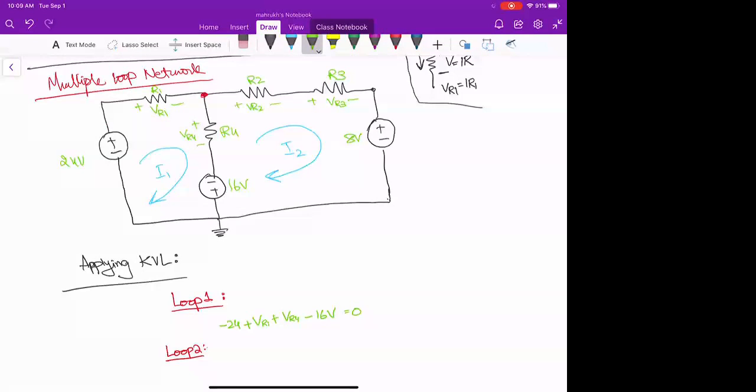Plus 16, yes. Minus VR4. Yes. Plus VR2. Right. Plus VR3. Plus 8. Yes, that's it. So that's how you write the equation around the loop. You think about where the arrow is entering and just write the signs. Is it clear?